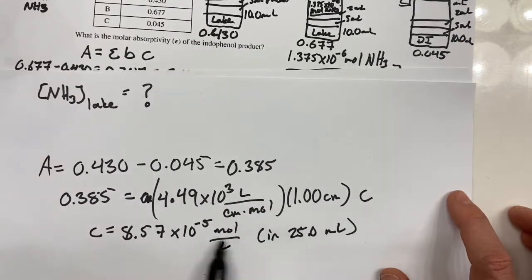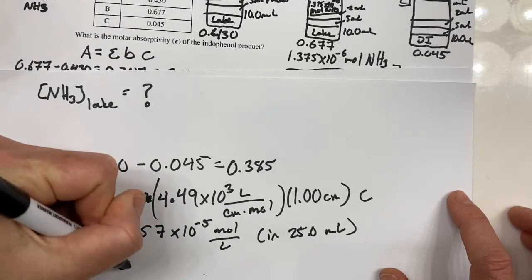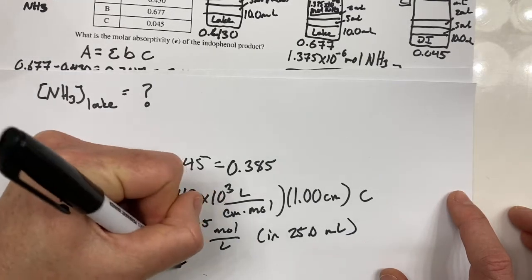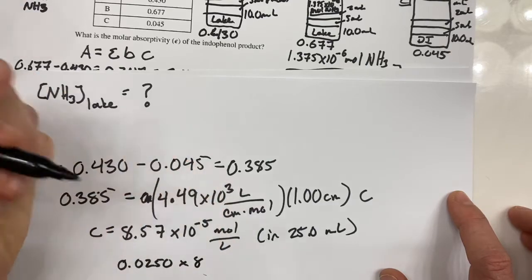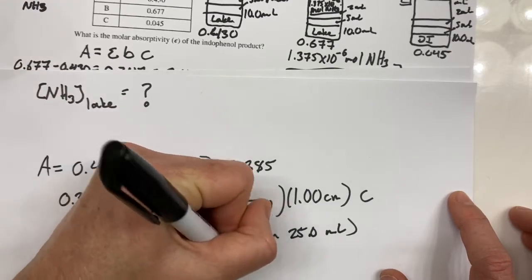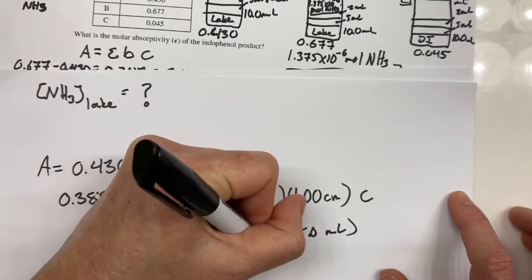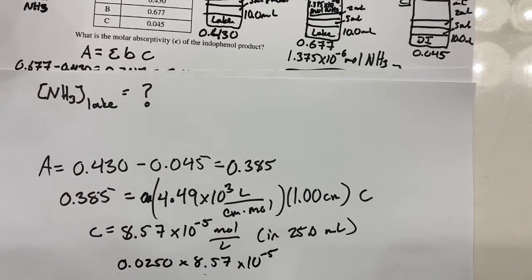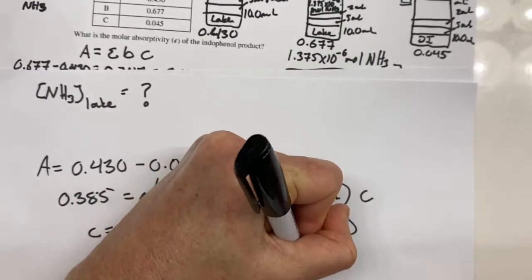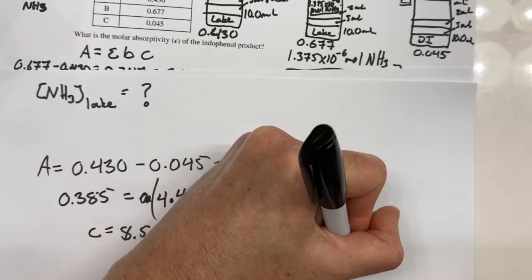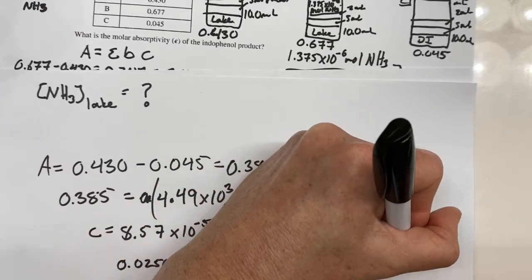So let's figure out how many moles we had. 0.0250 times 8.57 times 10 to the negative 5 will tell us how many moles of ammonia were in there. This gives me an answer of 2.1425 times 10 to the negative 6 mole.